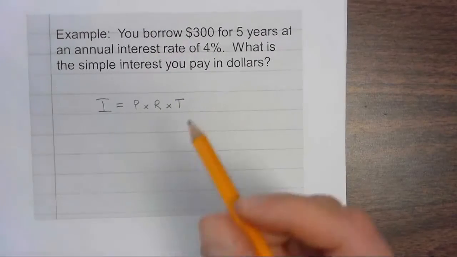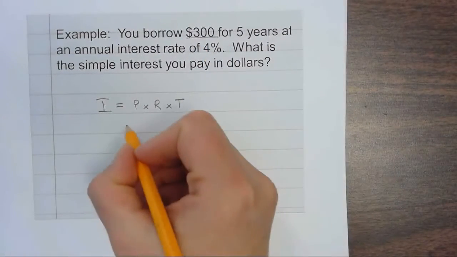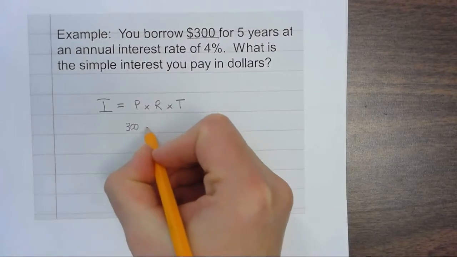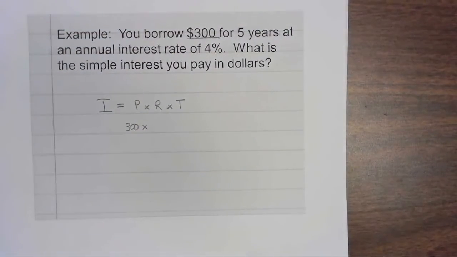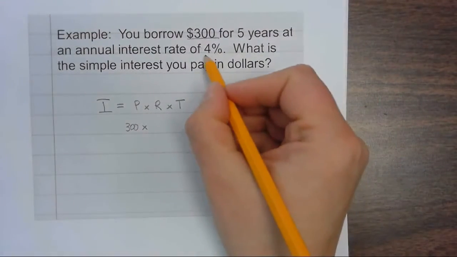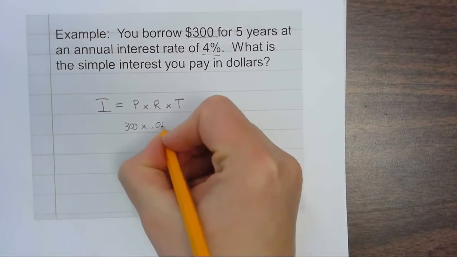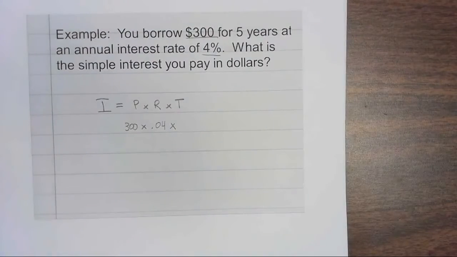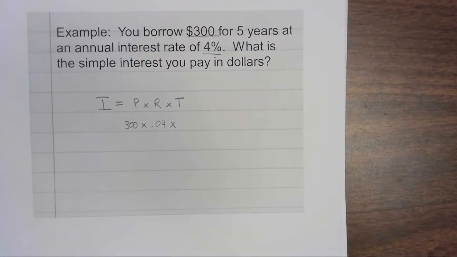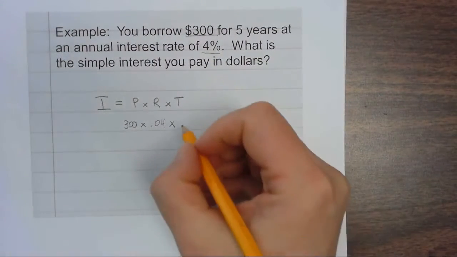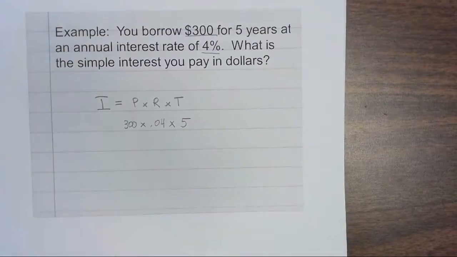Principal is the starting money, which is our $300. Rate is our percent, but we are going to change that percent to a decimal, so 0.04. And T is time. How many years was it in my account? Well, it was 5 years.